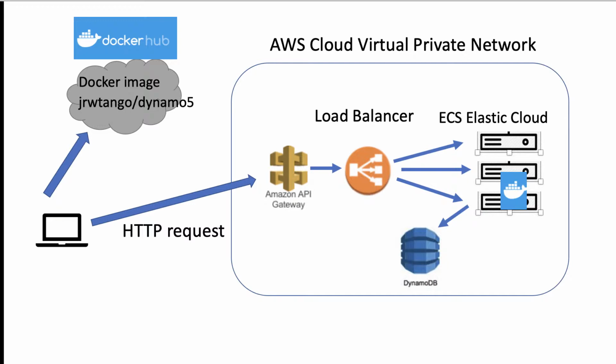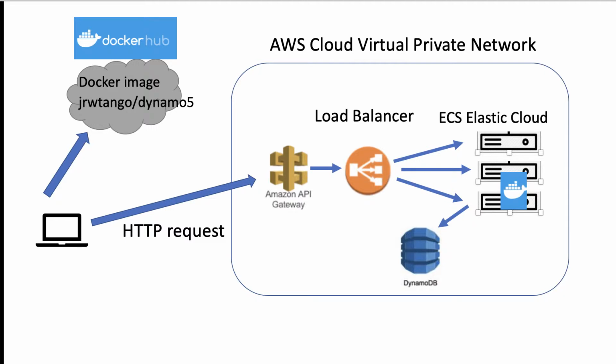AWS basically encourages you to run a virtual private cloud, and so we need an API gateway, and then that can pass any incoming HTTP requests onto the load balancer and onto our machines. And the machine will then create a data record to write to the DynamoDB. So that's basically what we're going to do.